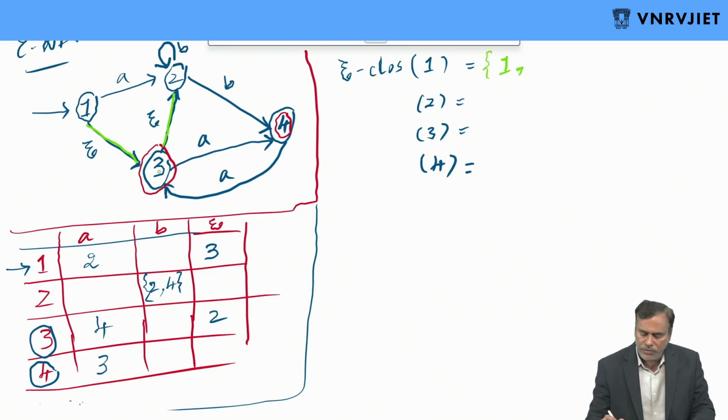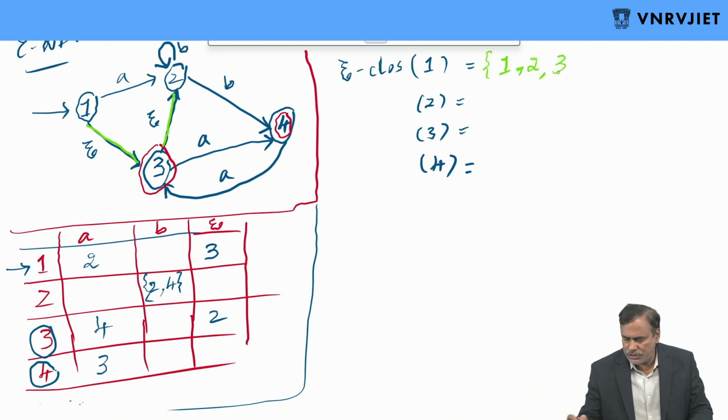So from 1 you can reach state 3, so 3 can be added. And you need to continue. From 3, if you can reach any other state only on epsilon, then that state should also be added. From 3 you can also go to state 2. So in the order I am writing, you can also add this 2.